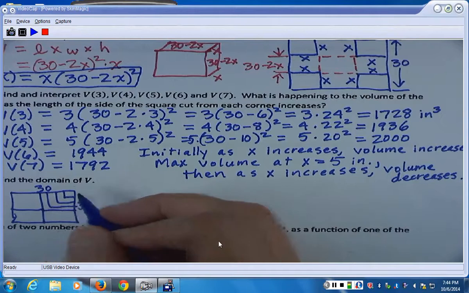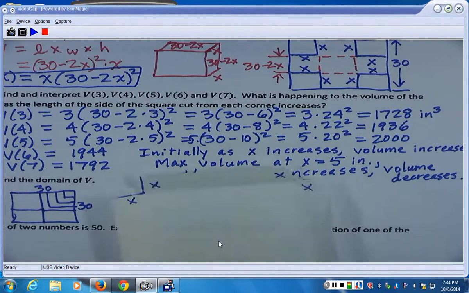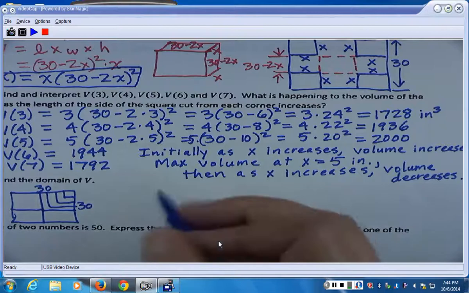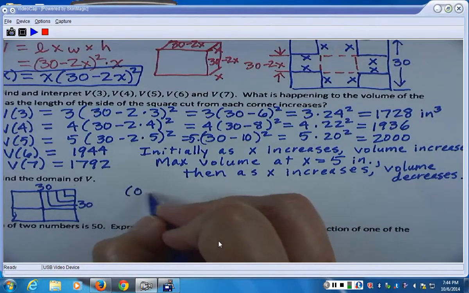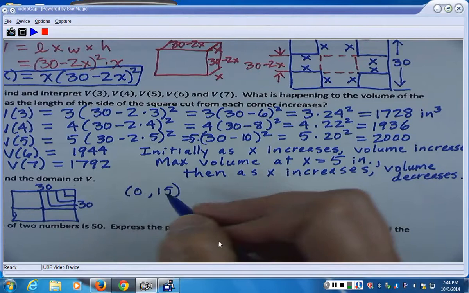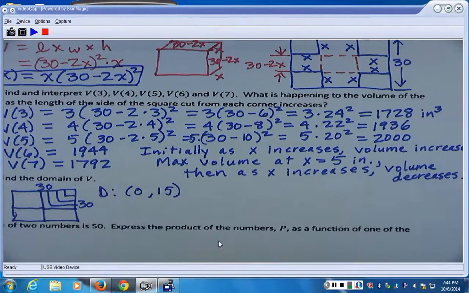If we don't cut anything off, we can't fold anything up and get a box. So your cut has to be between 0 and 15, and it can't include 15 because you'd have nothing left, no box left, no cardboard left. And so that's the domain.